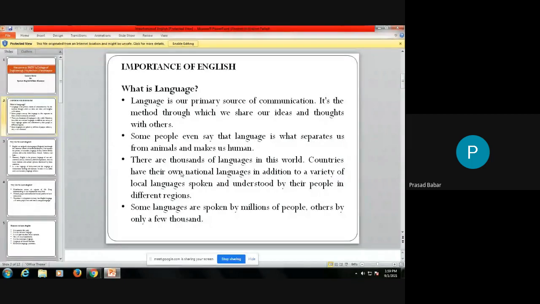There are more than 190 countries in the world, so there are thousands and more of languages spoken all over the world. Countries have their own national language. Our India doesn't have a national language, but Hindi is considered the official language of our country, India.